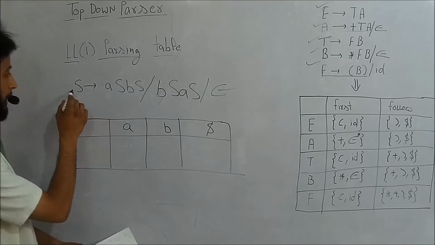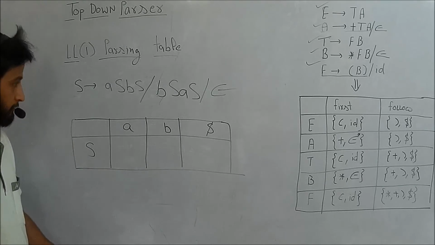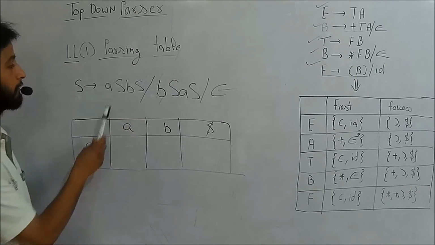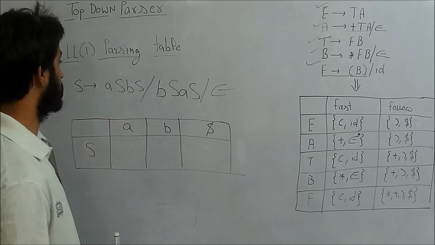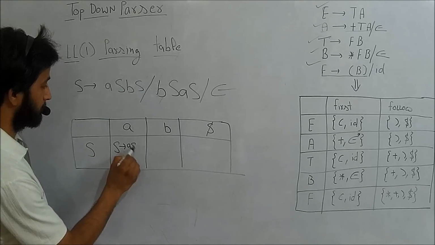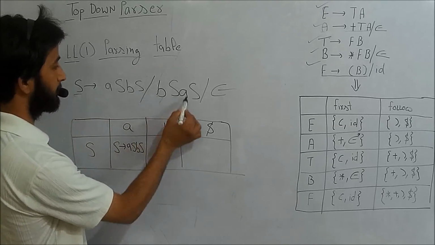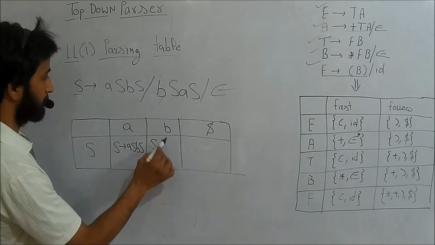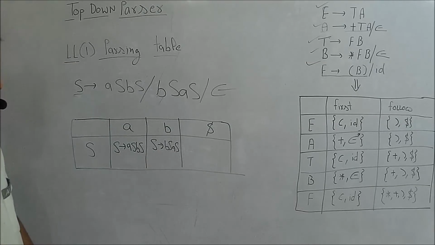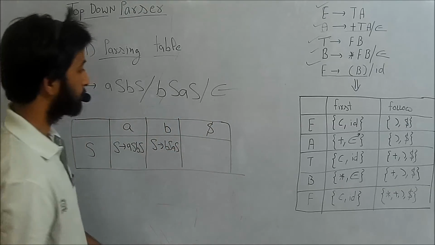Okay, and the non-terminal or variable is S. So the first production, S derives ASBS, will be put under the first of this, which is A. The second production, S derives BSAS, I have to put under the first of that, which is B. And the third case, in which S derives epsilon, I have to put in the follow of S.